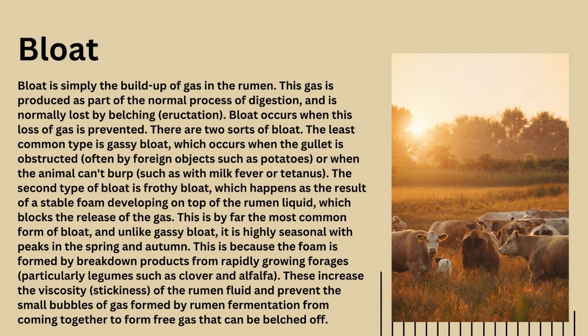This is because the foam is formed by breakdown products from rapidly growing forages, particularly legumes such as clover and alfalfa. These increase the viscosity, stickiness, of the rumen fluid and prevent the small bubbles of gas formed by rumen fermentation from coming together to form free gas that can be belched off.